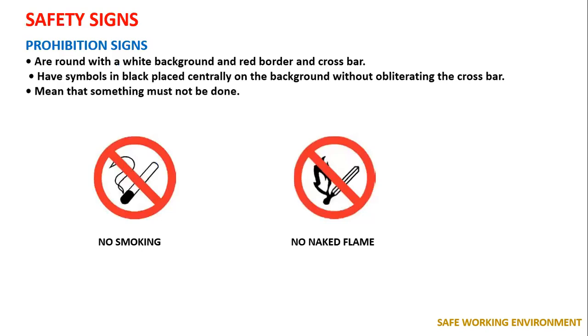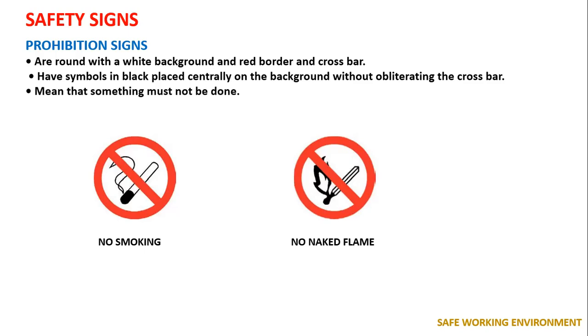So now we will see in detail about the safety signages. The first is the prohibition signs. As in the picture, we can see a red border, white background, and a black symbol or picture in between with a crossbar.